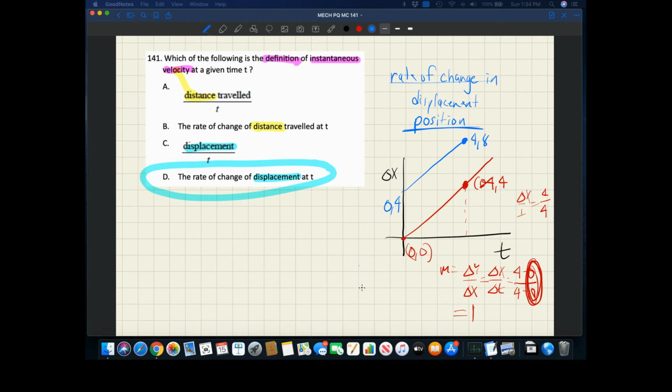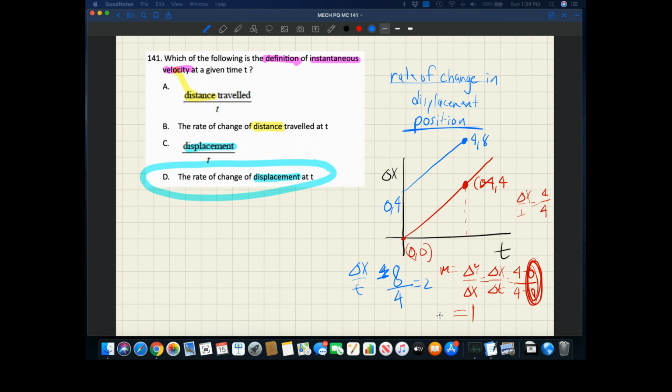But if we just took delta x over t, we would have 8 over 4, which is 2.